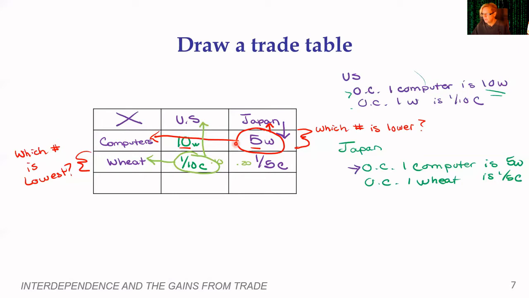Okay, I can do computers and up to Japan if I want to know who's going to produce what. So I can say now that Japan has a comparative advantage in computers.